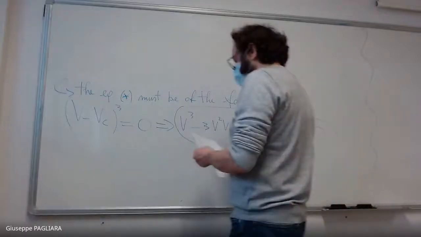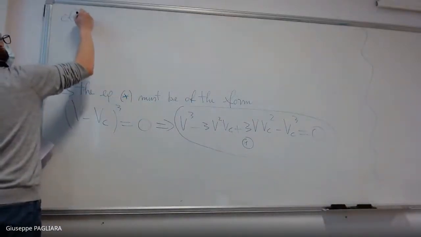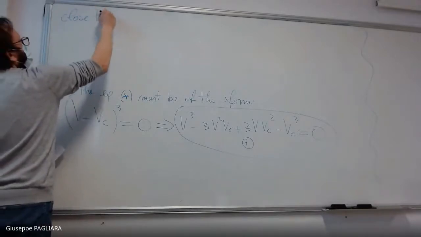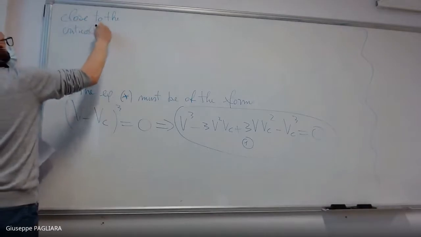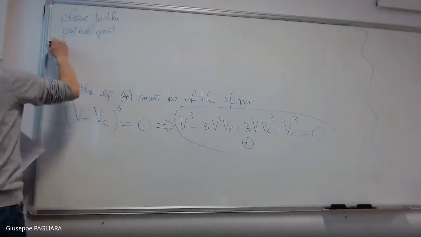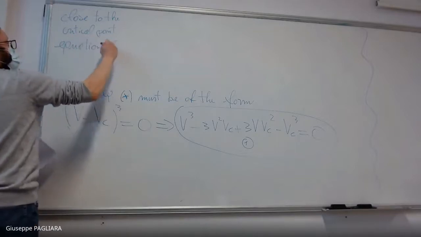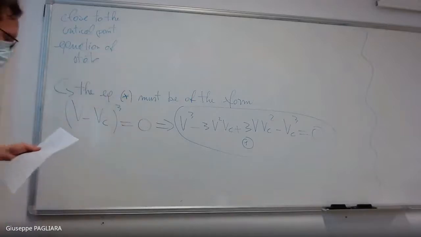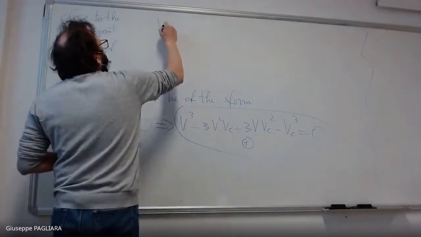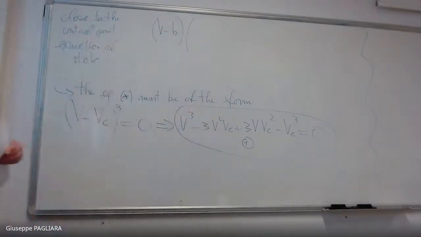So let's write it in this way: close to the critical point, the equation of state has the following form: V minus B times the pressure plus A divided by V squared.